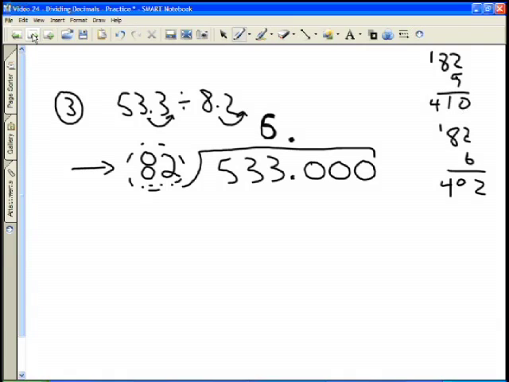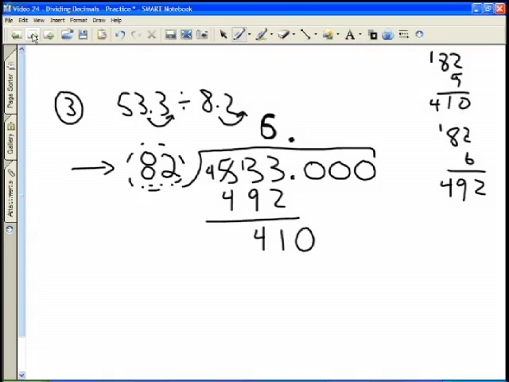So I'm going to get 6 times 82 and write my result underneath. Notice that it looks a lot cleaner now that I'm not drawing lines everywhere. And now I subtract. 3 minus 2 is 1. 3 minus 9, uh-oh, I have to borrow from this column. So I change the 5 to a 4, and the 3 becomes a 13. And now 13 minus 9 is 4.